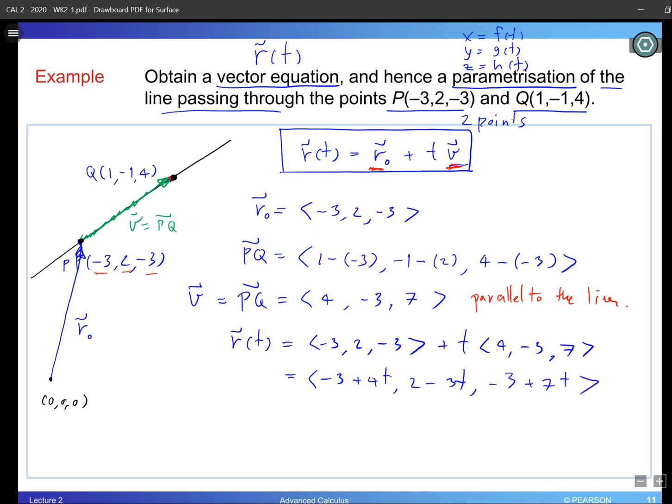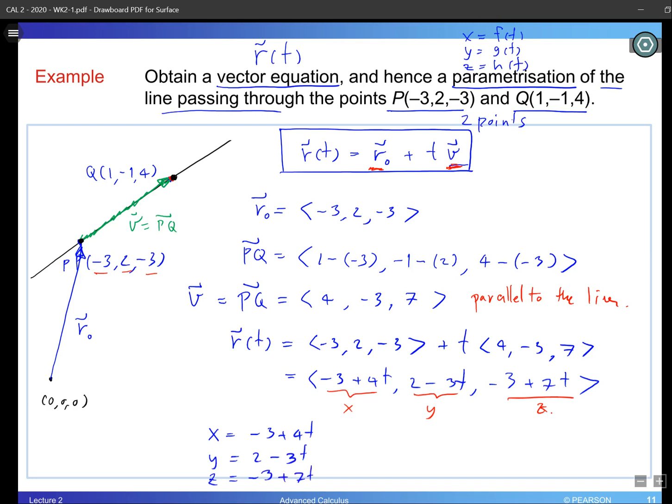And we all know that this is x component, y component, and z component. So we can separate them and write them like this: x equal to -3 plus 4t, y equal to 2 minus 3t, and z equal to -3 plus 7t.